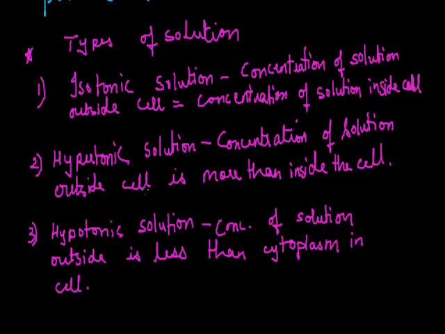Depending on these solutions, transport across the membrane is different. In a hypertonic solution, the cell loses water and becomes plasmolized. In a hypotonic solution, the cell swells up and bursts because the movement of water is inside the cell from its higher concentration to its lower concentration.